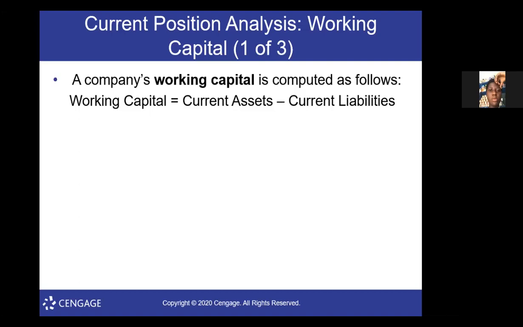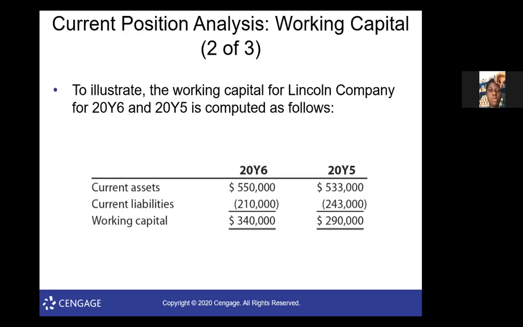Okay. So we've talked about working capital several times before, and we know how to calculate it. We simply look at the company's balance sheet, and we take the difference between its current assets and its current liabilities. In this case, this is the same company, Lincoln Corporation.